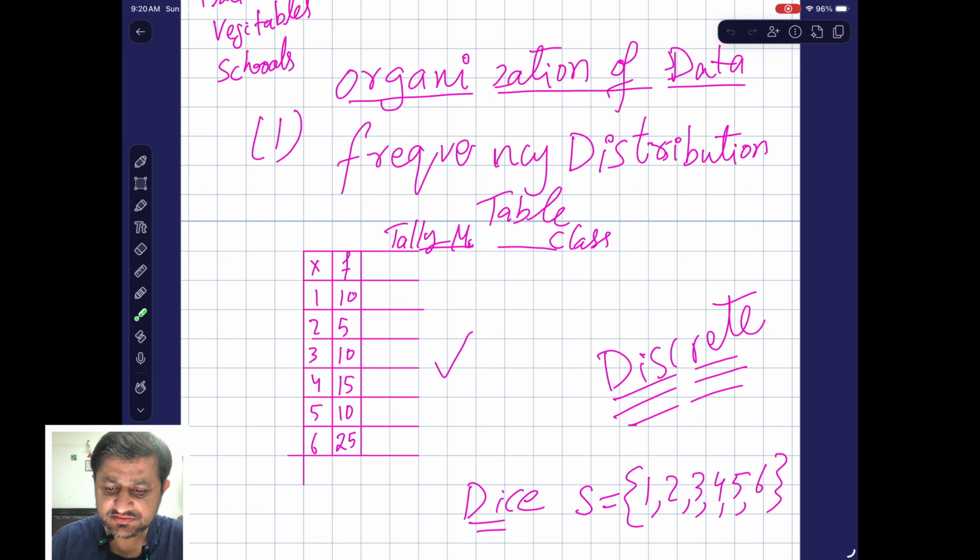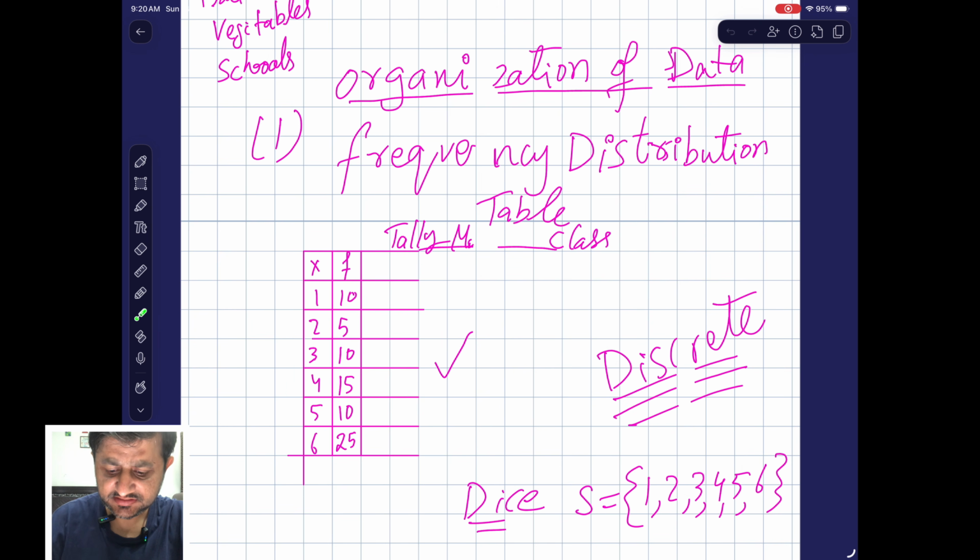So the frequency distribution is the way in which you can organize the data well, for analysis and for the comparison of the values, right?